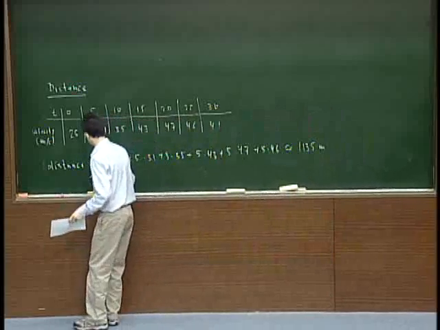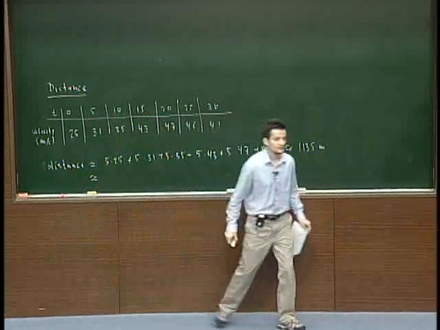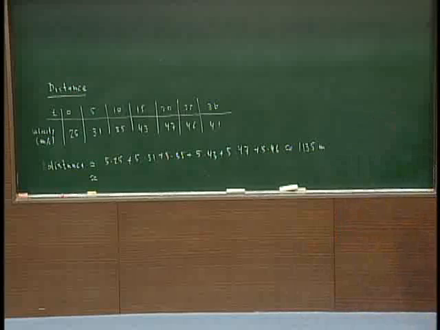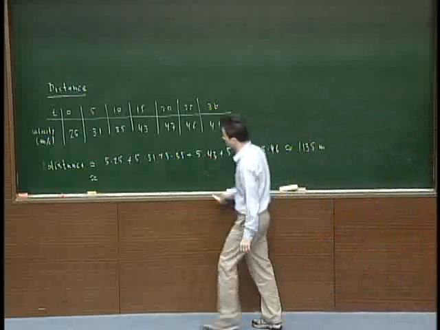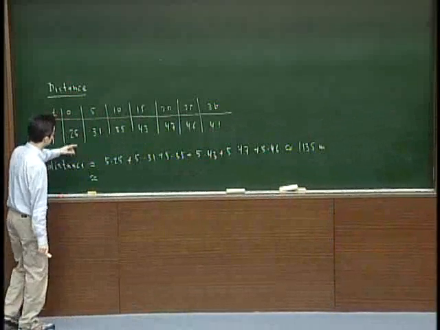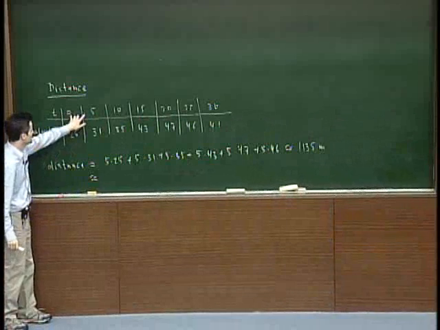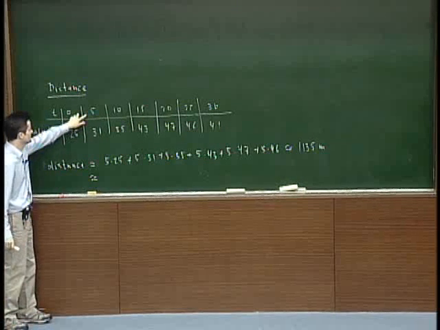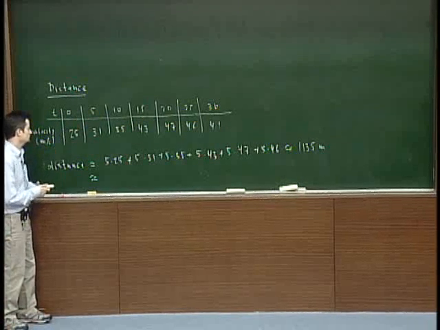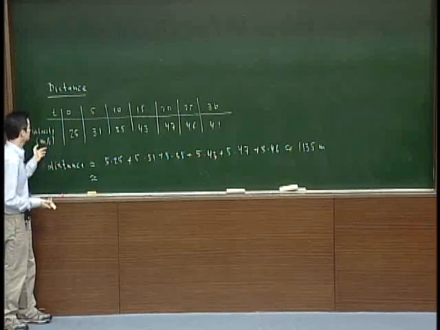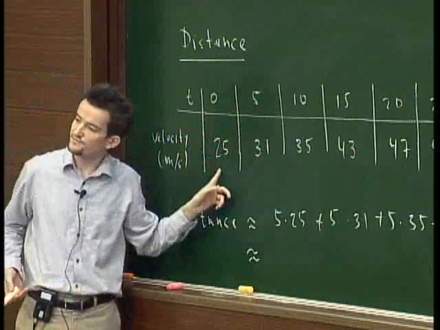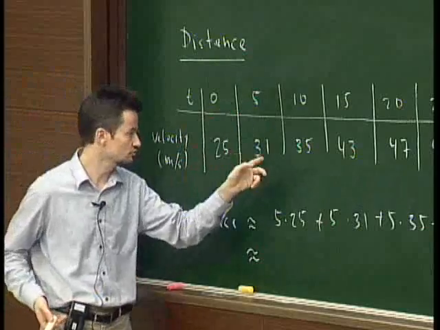Now, this is one way to approximate the distance traveled. Another way: we assumed here always that over a 5-second time period the velocity was constant, and we always chose the left endpoint. But of course, you can also choose the right endpoint.